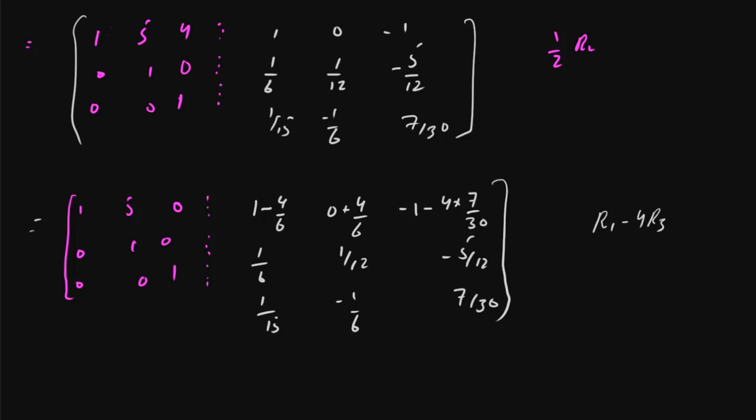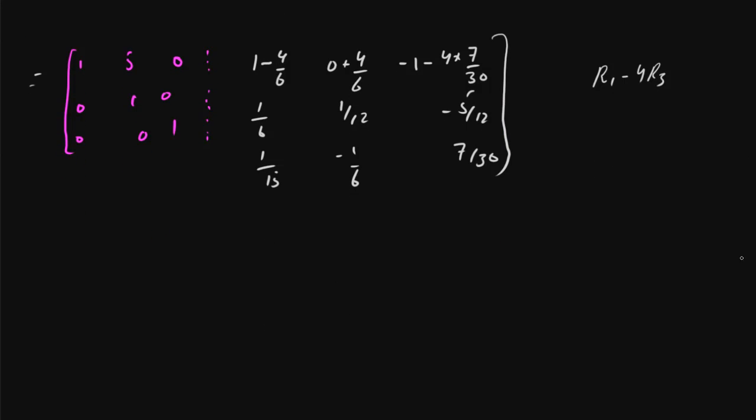Okay, now next simply we are just going to calculate that value for these. I'm calculating 1 minus 4 over 6. We are getting 6 minus 4 over 6 because of the LCM, and 2 over 6, and now we have 1 over 3, and that value comes 1 over 3.